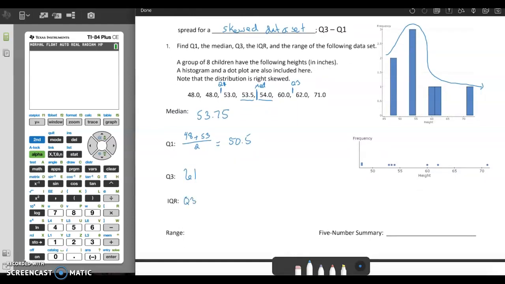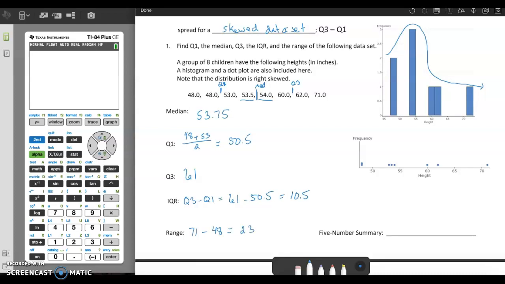You just take Q3 minus Q1. So in this case, that's 61 minus 50.5, which is 10.5. And the range is the maximum minus the minimum. So that would be, in this case, 71 minus 48, which is 23.